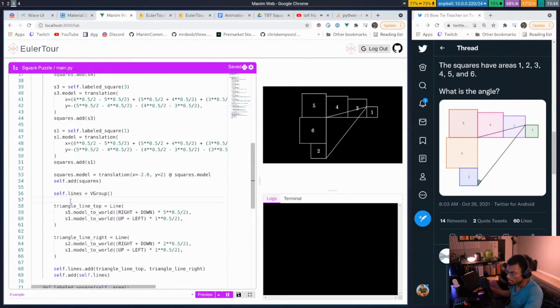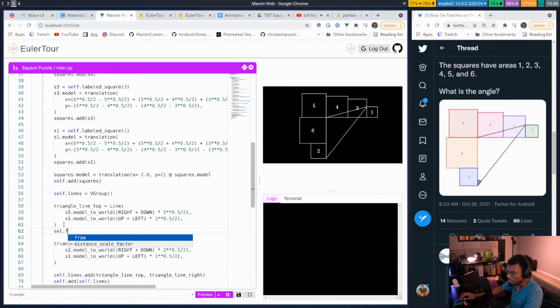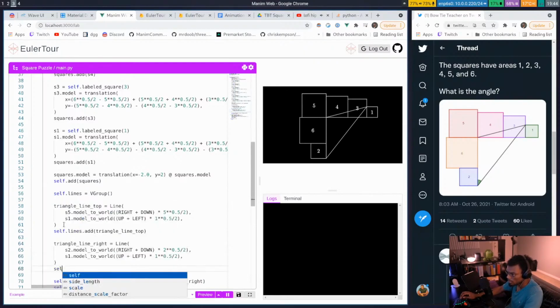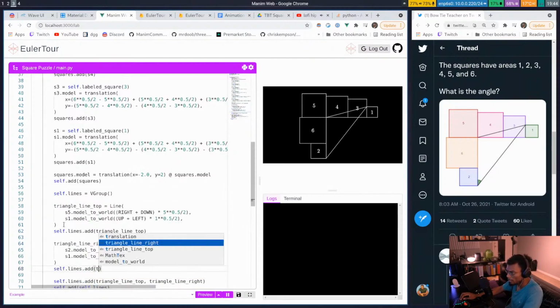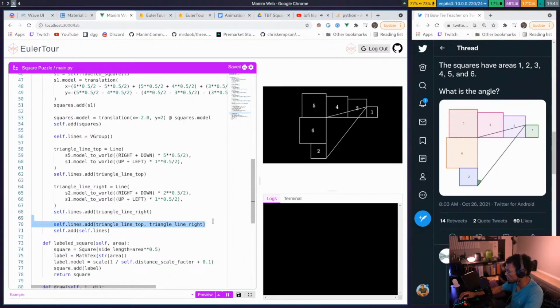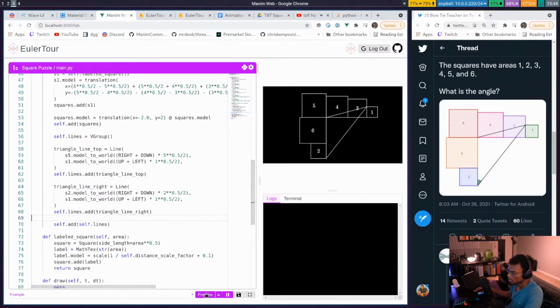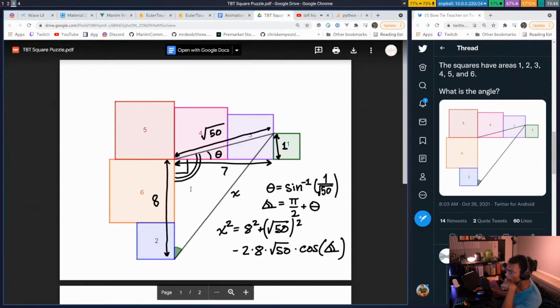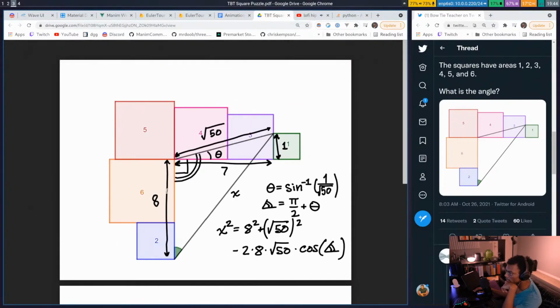Okay, just to be consistent, I'll here put self.lines.add this. The top and then the right. Great. Then I want to label that angle. I'm just gonna have to label a few angles.